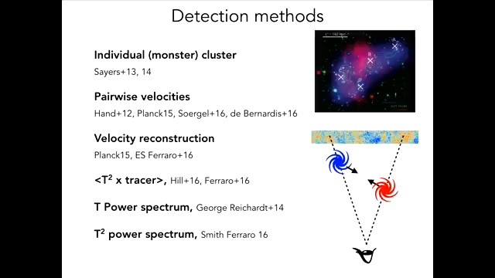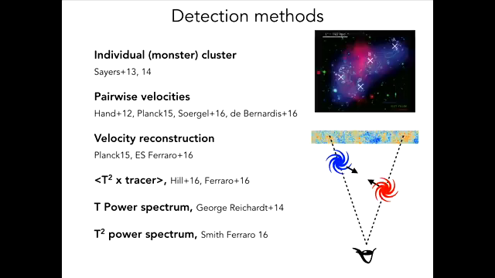And so if you just average at the positions of clusters, your signal averages out to 0. So that doesn't really work. But on the other hand, if you have a handle on the line of sight velocities, you can average your temperature maps weighted by this velocity estimate that changes sign. And now your signal no longer averages to 0. So I hope that makes sense. If not, please ask me.